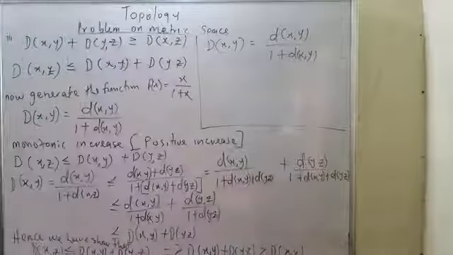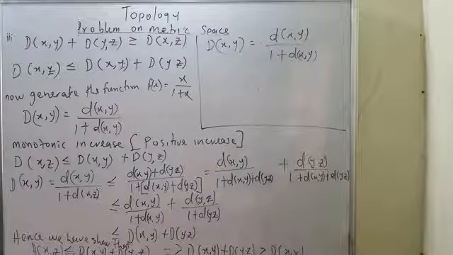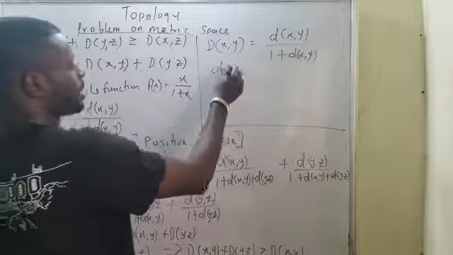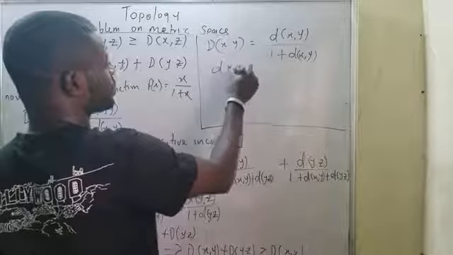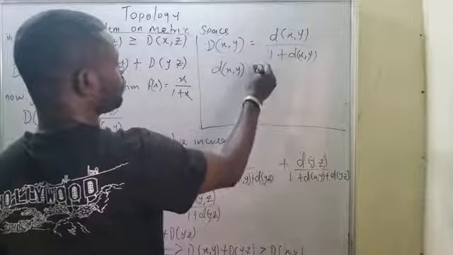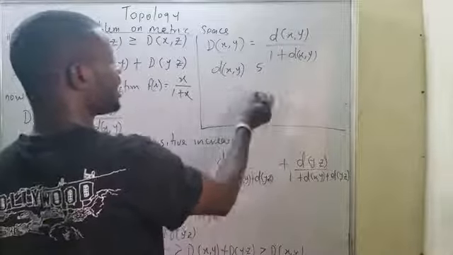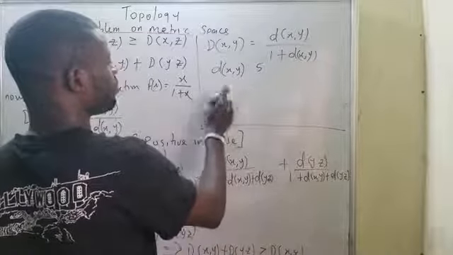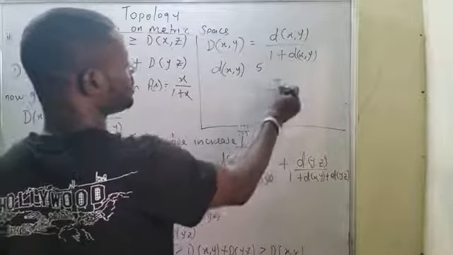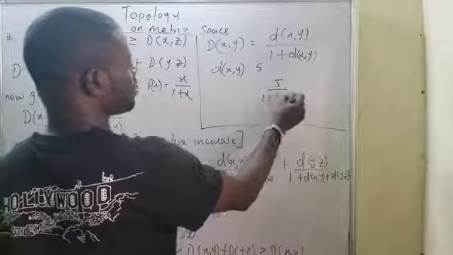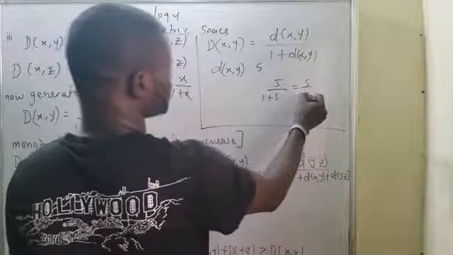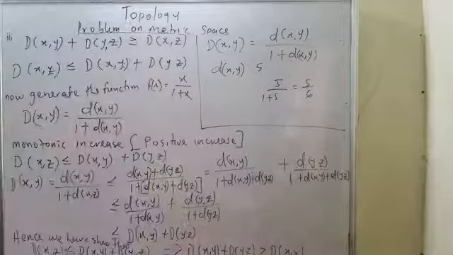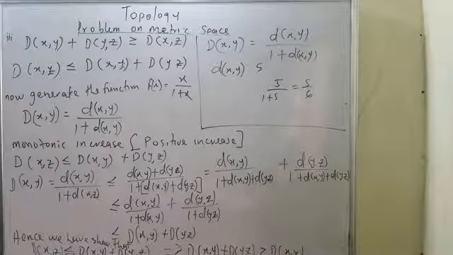Now let's assume I have some d of xy. Let me say d of xy equals 5. It means I'll be having 5 divided by 1 plus 5, which equals 5 divided by what? 6.